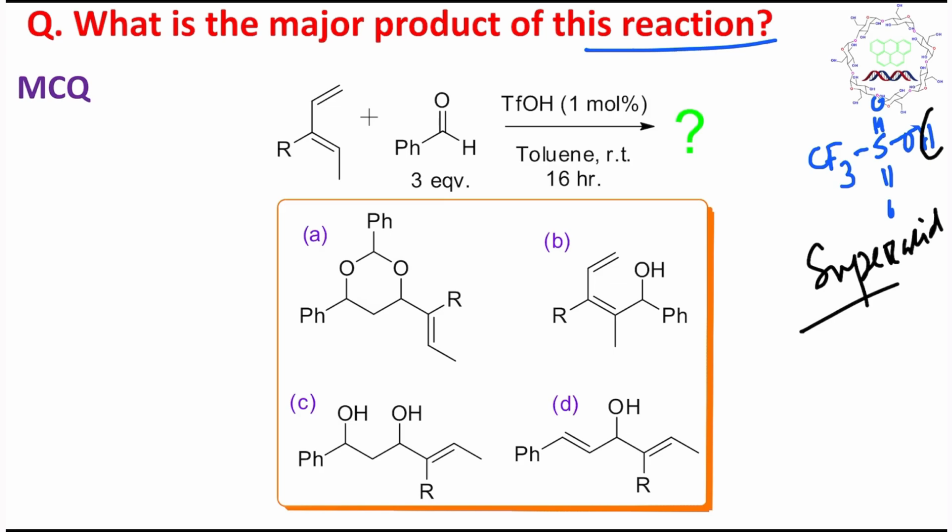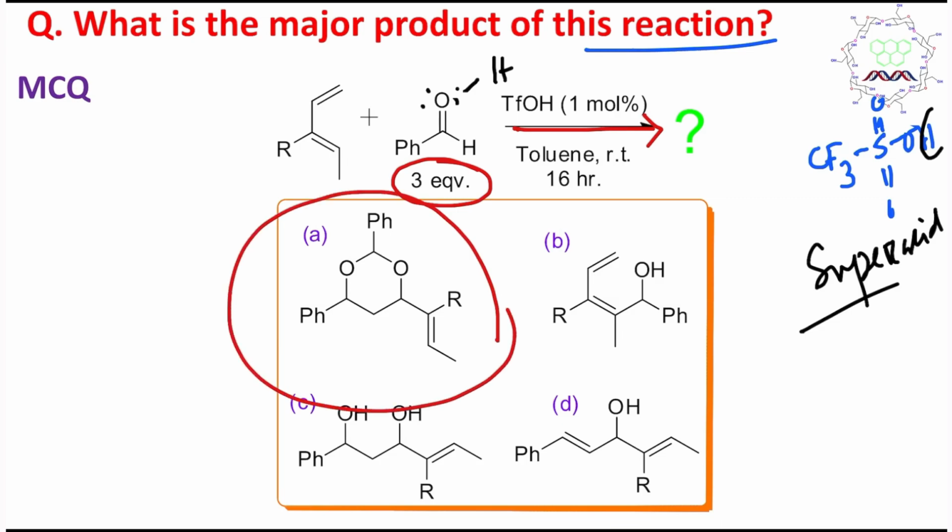And in this case, student, this reaction happens by first protonation, you can see here, and then the reaction proceeds accordingly. Now please look at the options. I have given 3 equivalents, and no water is there. So a simple dioxane derivative. This is the answer.